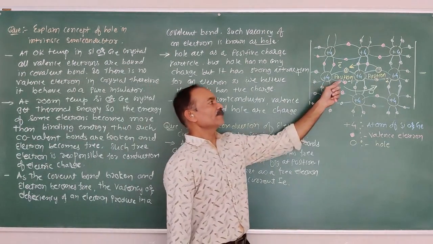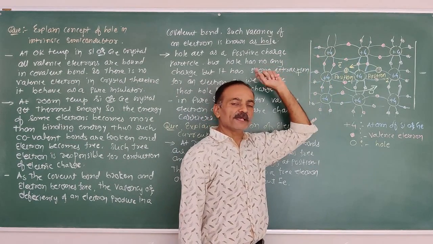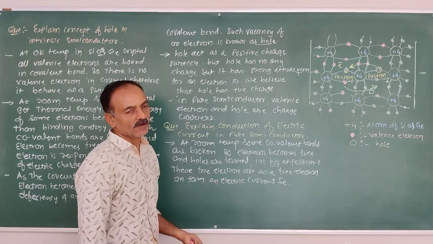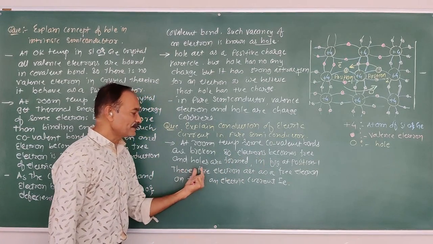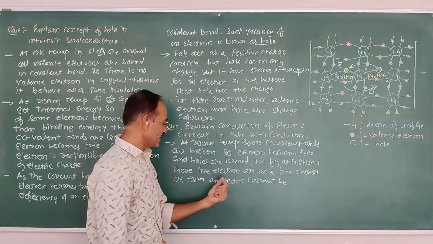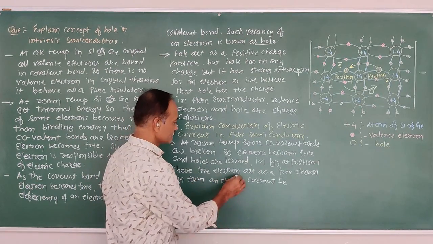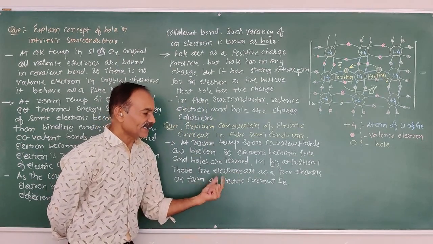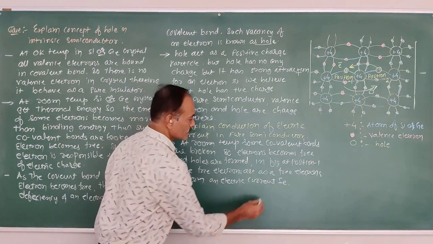So, due to the breaking of the covalent bonds, the electron becomes free and a hole is formed, as shown in the figure at position 1. This free electron acts as a free electron and forms the electric current IE.